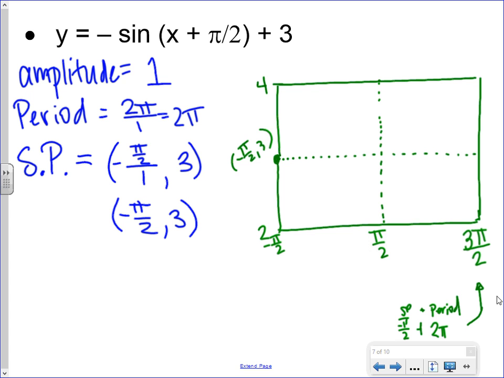Okay. This next one is nice. What is halfway between negative pi over 2 and pi over 2? 0. And what is halfway between pi over 2 and 3 pi over 2? Okay, once again, if you don't see that automatically, add pi over 2 to 3 pi over 2.